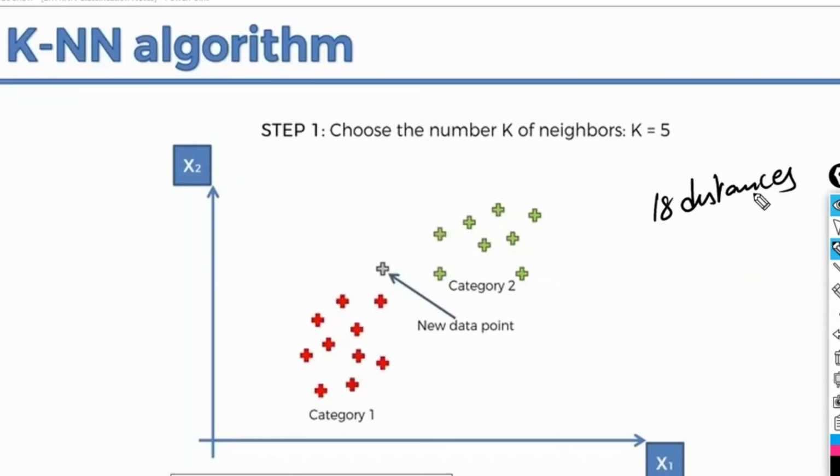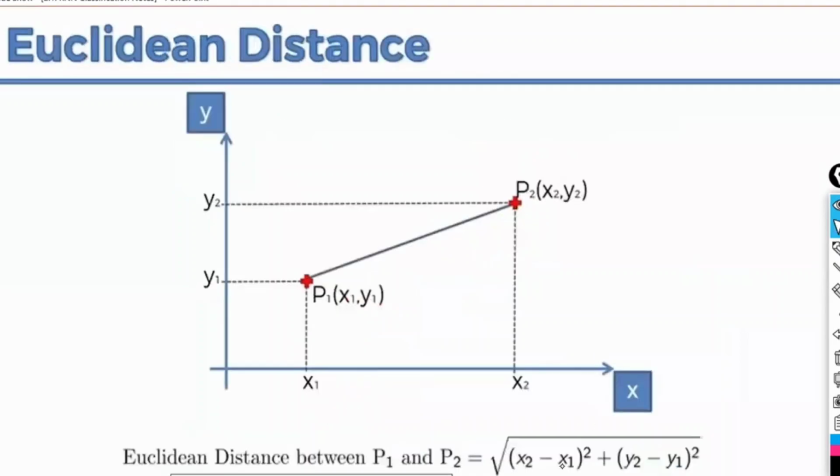After calculating 18 distances, based on the Euclidean distance, now this is the point and this is the point. It is going to calculate as per the Euclidean distance. Similarly, for this one and this one, it is going to apply the Euclidean distance formula. Like this, it is going to calculate all 18 distances by applying the Euclidean distance formula.